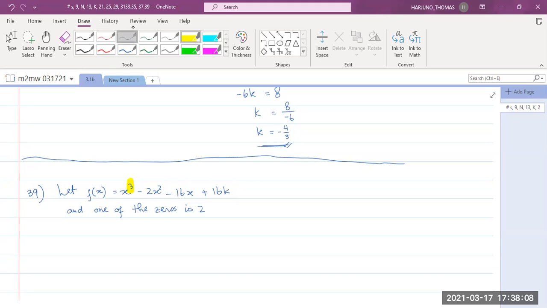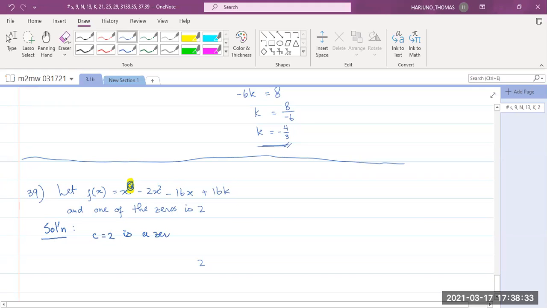Okay, we already learned synthetic division, right? What happened? Why does it look like that? If 2 is a zero, c equals 2 is a zero.